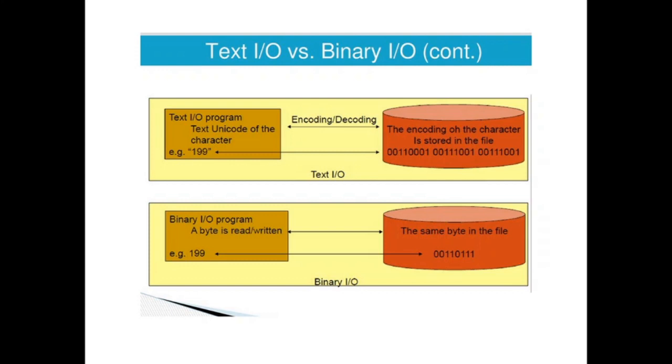But in case of binary input output, there is no encoding decoding, because it is able to read the data type. So a byte is read or written. 199 will be converted to 0,0,1,1,0,1,1,1. Here in text I/O the encoding and decoding is taking place, but we don't need any encoding and decoding in case of a binary input output program. That's why it is faster.